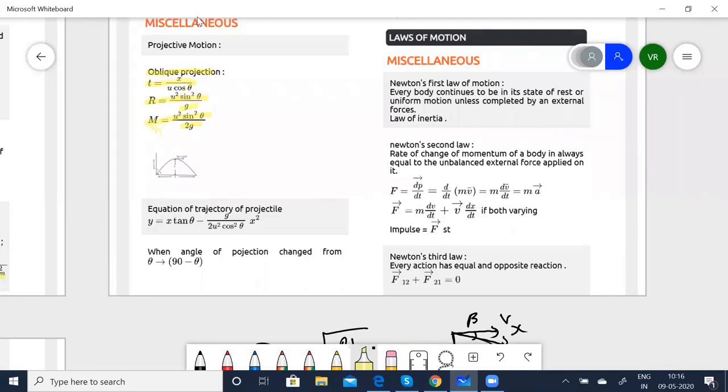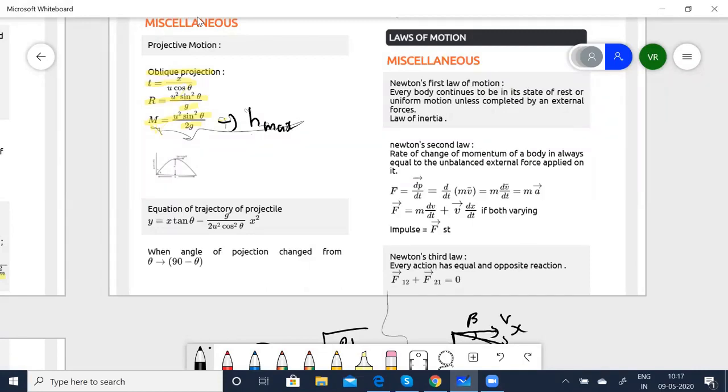You can put it as H max, which is equal to u squared sin squared theta by 2g.